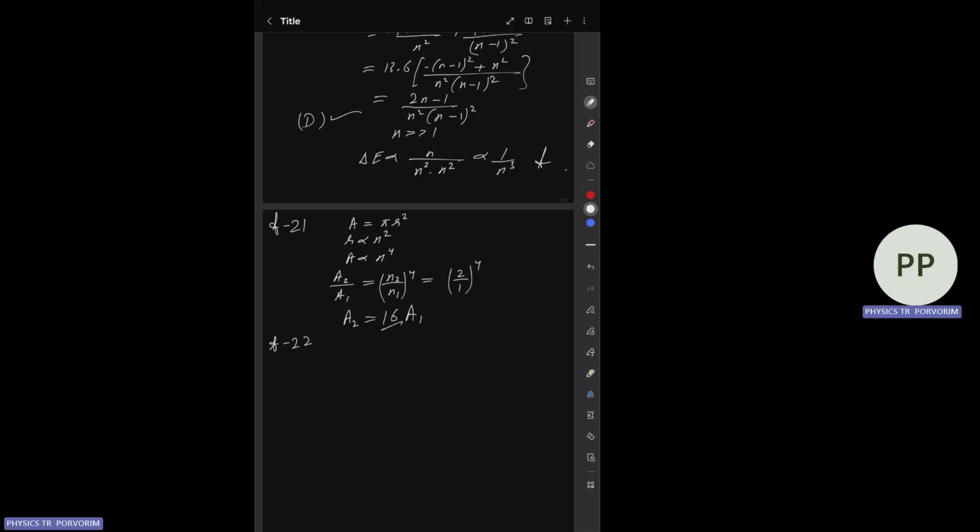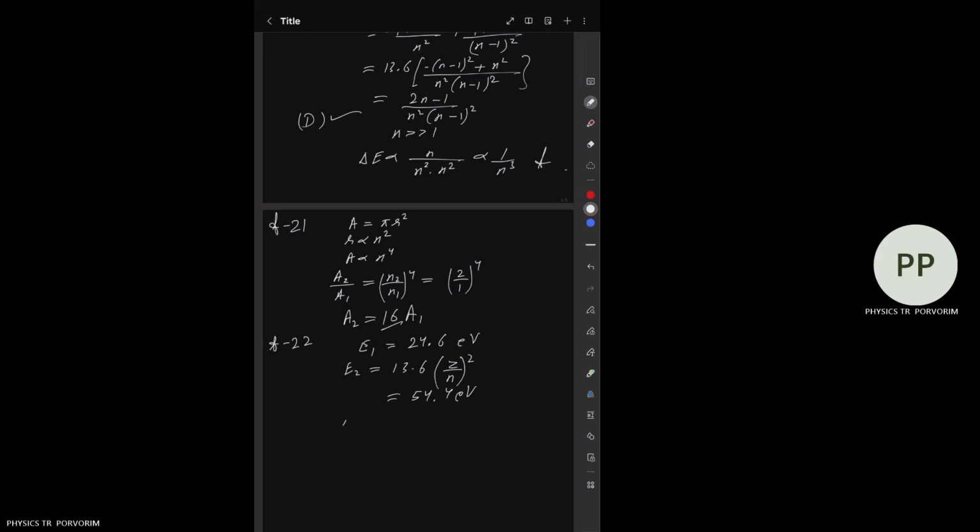Question 22. The energy 24.6 electron volt is required to remove one electron from the neutral helium atom. Find the energy required to remove both the electrons. We have just solved this one. E1 is given as 24.6 electron volt and E2 will be given by 13.6 Z by n whole square, which is approximately 54.4 electron volt.